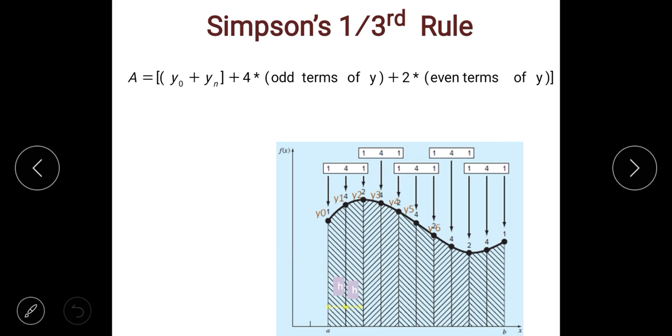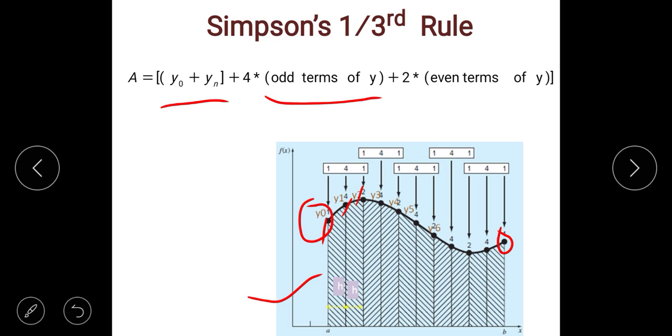Then for Simpson's one-third rule, you have to calculate the area under this curve. So we are joining 3 points as a parabola. After simplifying, you will get area equal to y0 plus yn, same as trapezoidal, the first term y0 and the last term yn, plus 4 into odd terms. Here you can see y1 up to y of n minus 2.